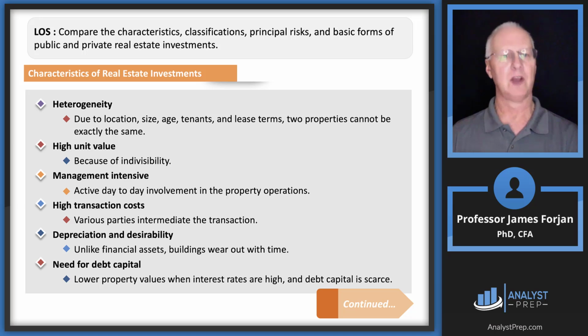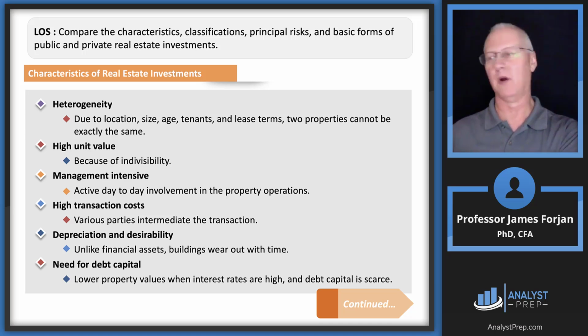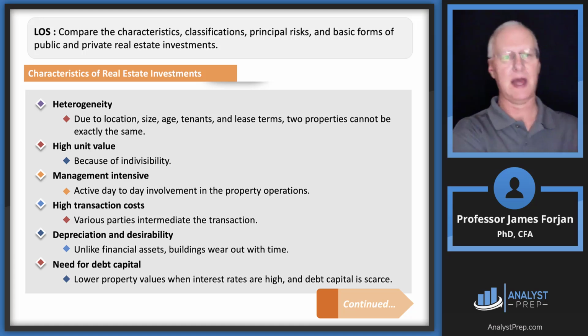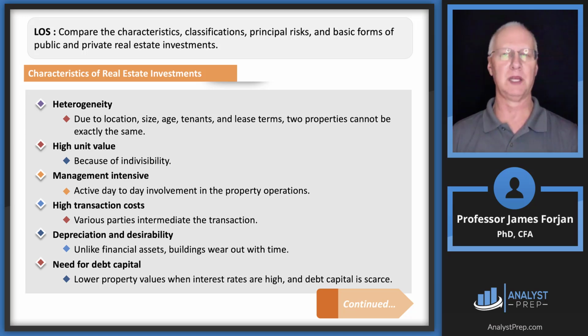High unit value, management intensive, high transaction costs, those make lots of sense, because if we're managing this particular apartment building and somebody else is managing that particular apartment building right across the street, well, they're going to have differences because you can't chop them. They're indivisible. I mean, people try to chop them into different things, but it's not always easy or efficient.